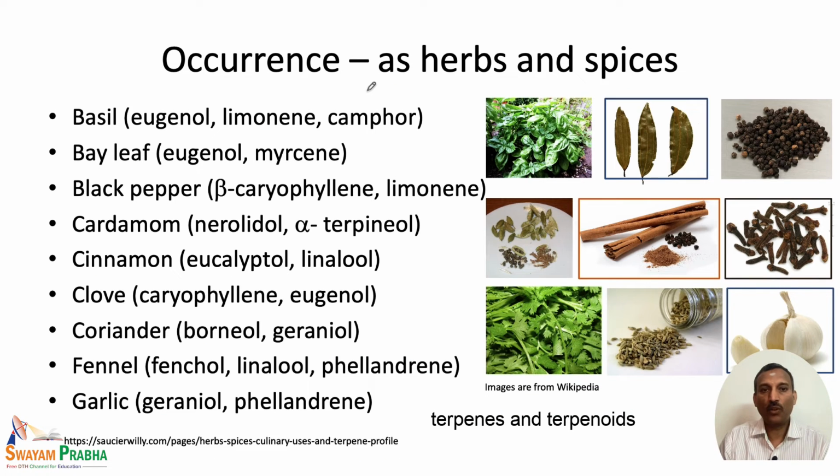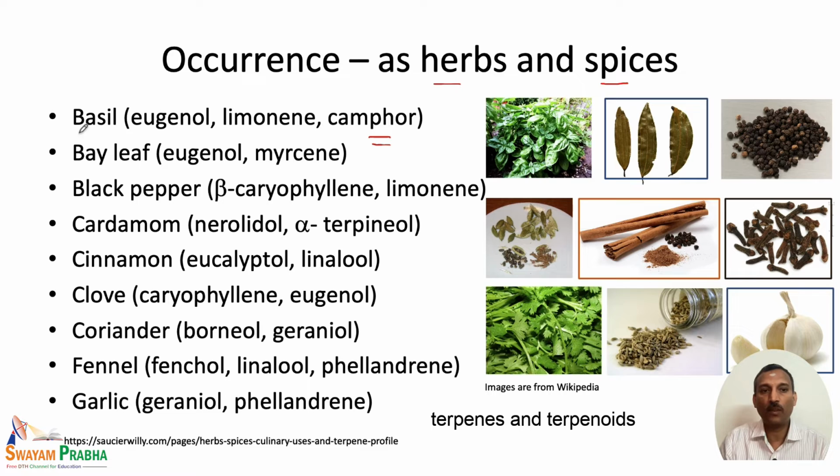In addition to that, there are various herbs and spices which contain terpenes. Here is a big list of compounds which is generally used in our regular customary Indian food. Especially many of the masala items we are consuming are basically terpene compounds.